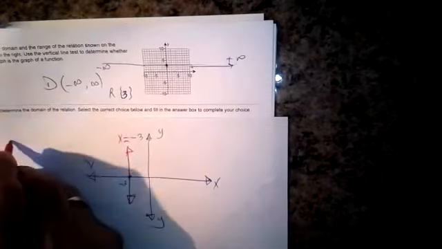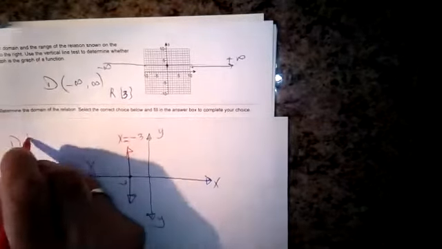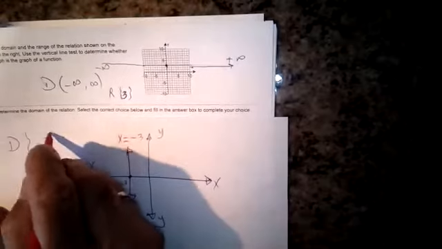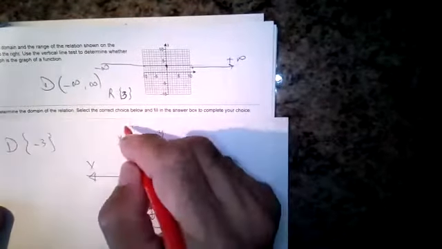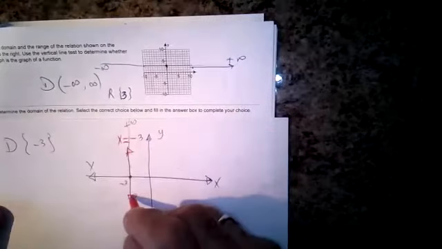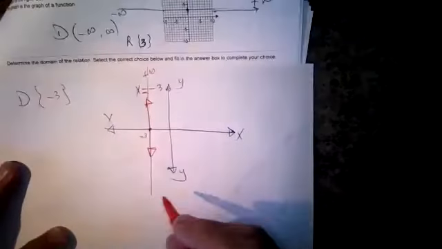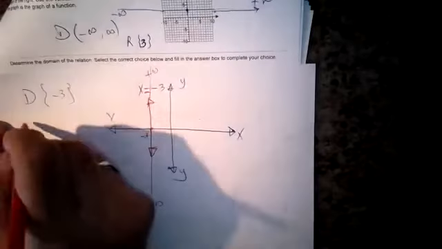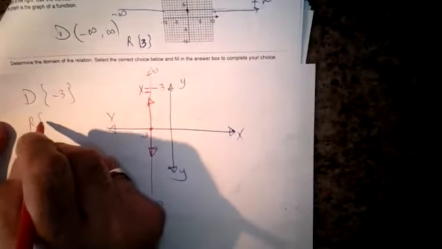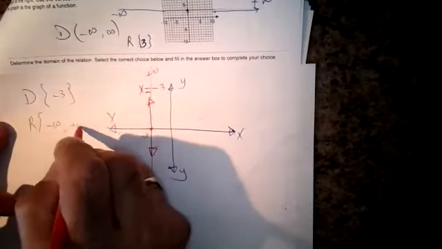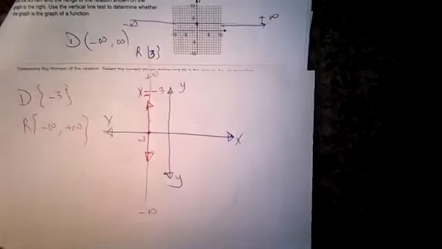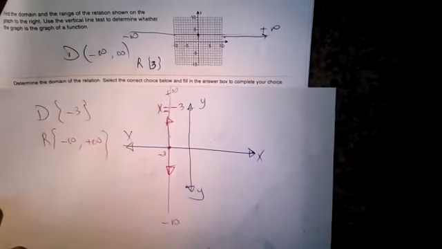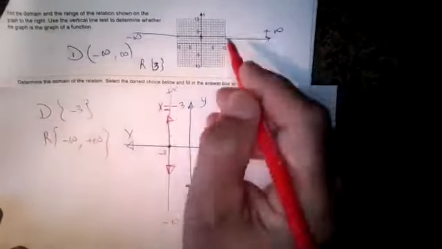So domain is just -3. But y goes what? Goes all the way to positive infinity and all the way to -infinity, right? So range is -infinity to positive infinity. See the difference of these two? Vertical line, and this is a horizontal line.